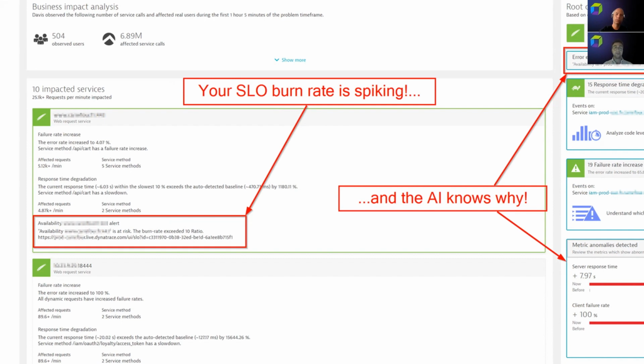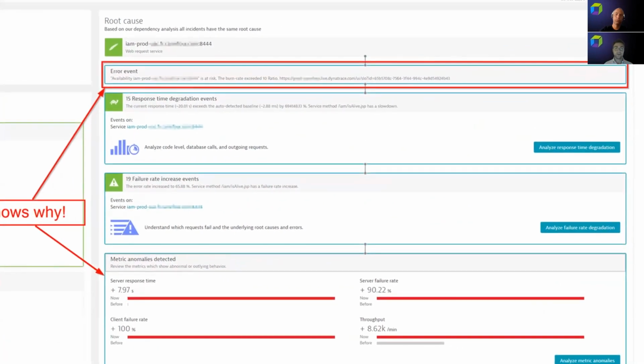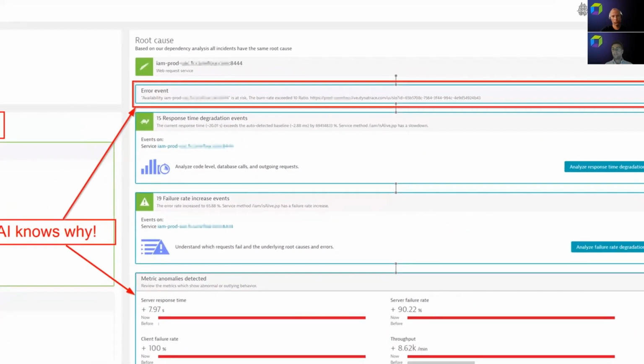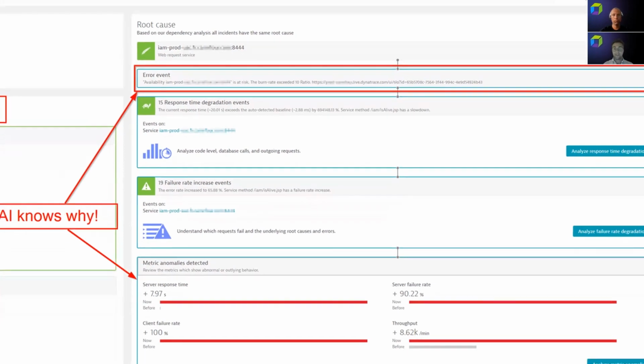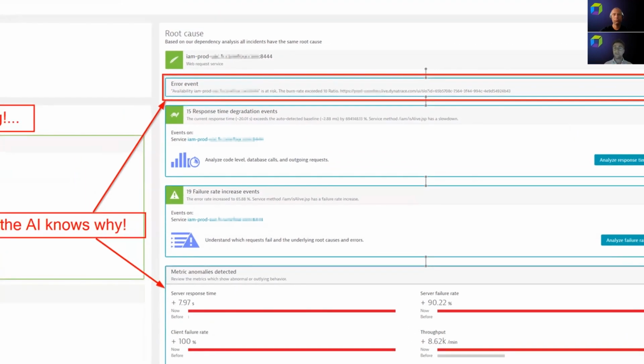And then if we look, okay, why is this SLO not met, right? This is where we can look at the root cause of a problem, where we get information about the IAM going down, and I have events that Dynatrace detects, anomalies, like there's many more users than I did expect, right? There's a huge load, maybe it's an attack, I don't know, but we also have information also on the IAM, right? This is also a crucial part of the system.